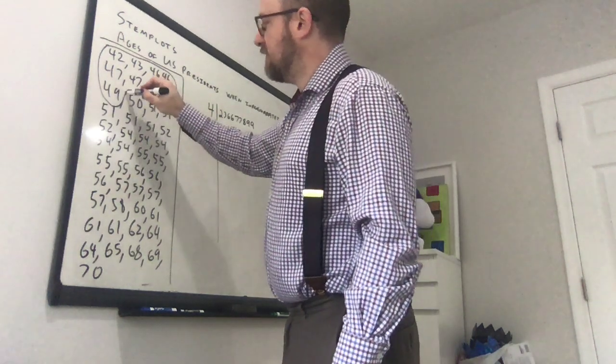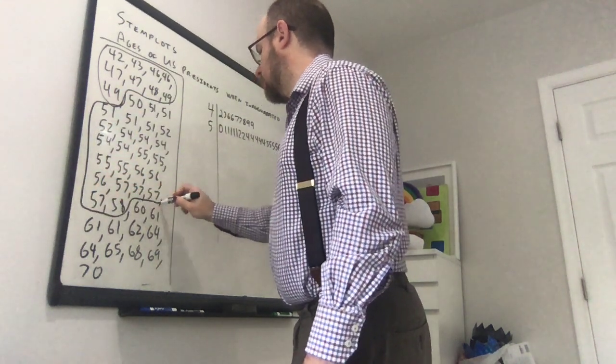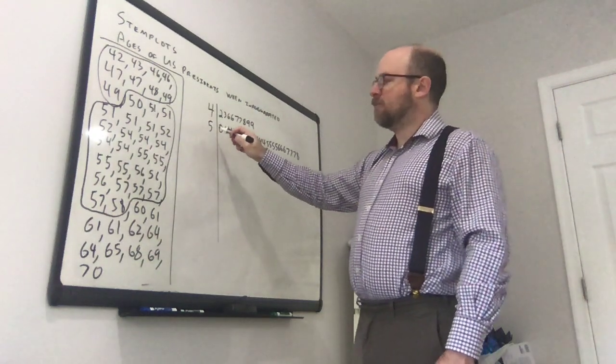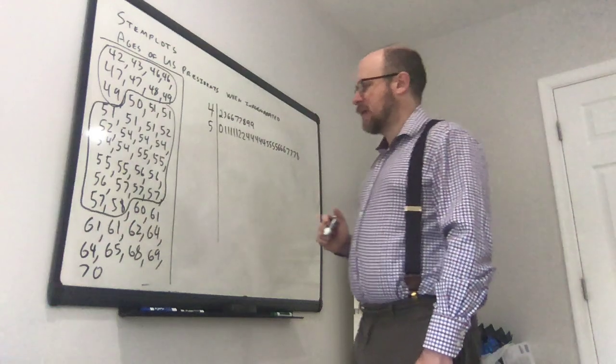So that's all the 50s. I've got the stem 5 and then all of the different leaves associated with that stem.